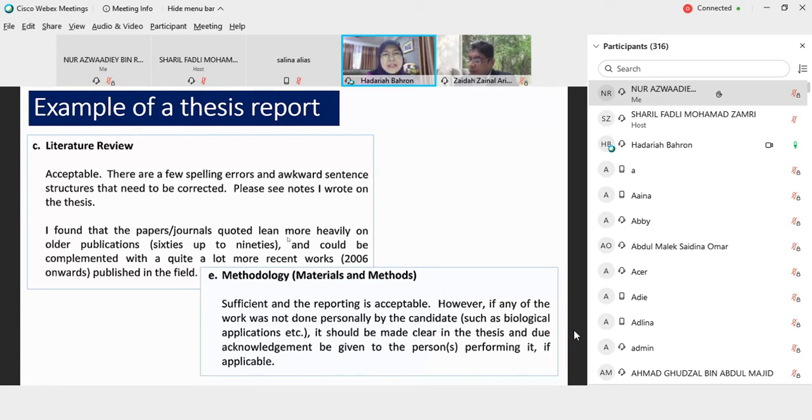I found the papers lean heavily on older publications, so I want the student to go on to newer papers, methodology, things like that. You make comments and you make suggestions for the examinee to assist the student to improve that thesis. Hopefully, after the Viva, it will be just a minor correction.